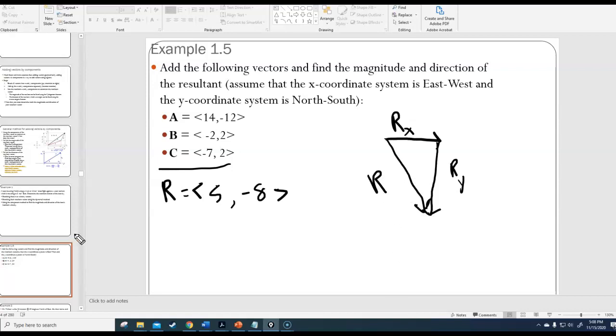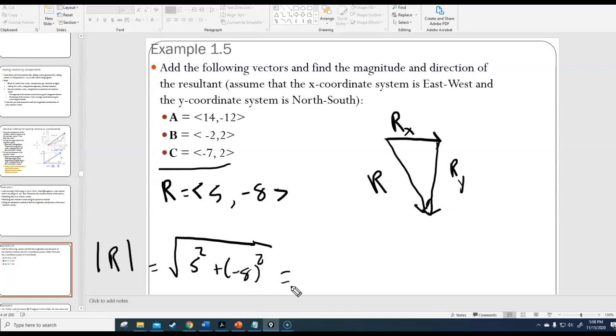So if I want to find the magnitude of R, I can do that using the Pythagorean theorem. That would just be the square root of 5 squared plus -8 squared. Okay, so I'm going to do that in my calculator. And I get 9.4 for my magnitude.